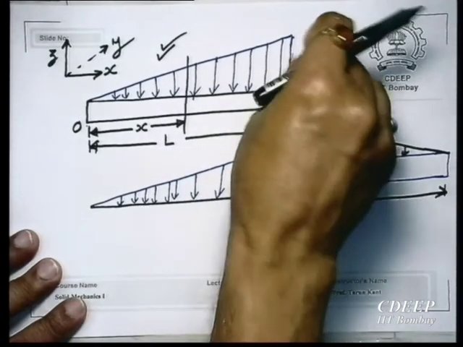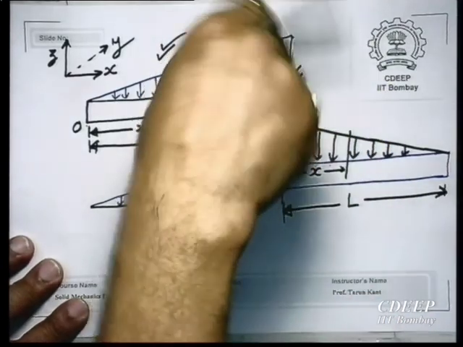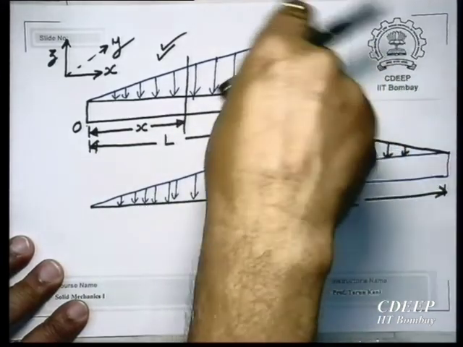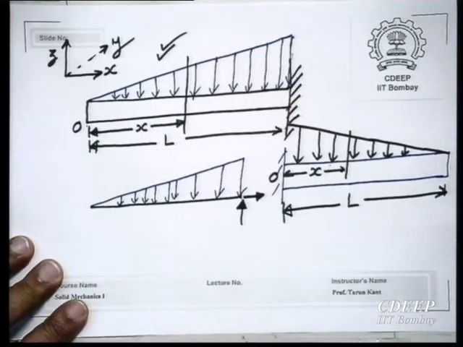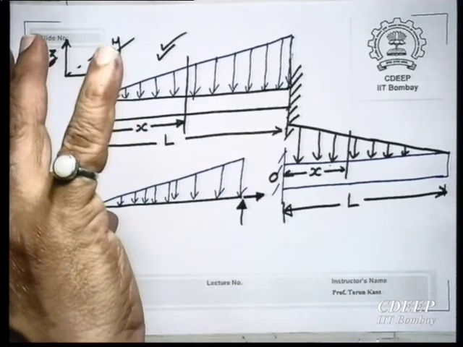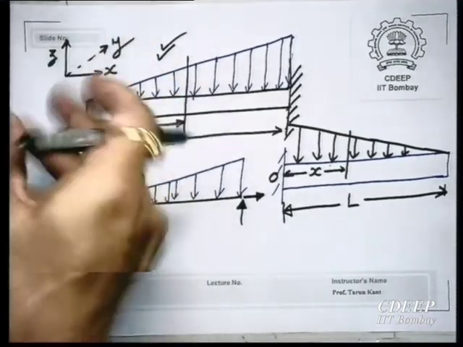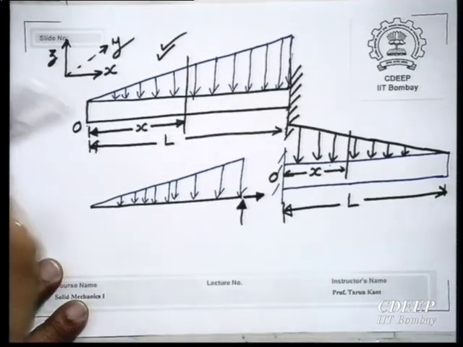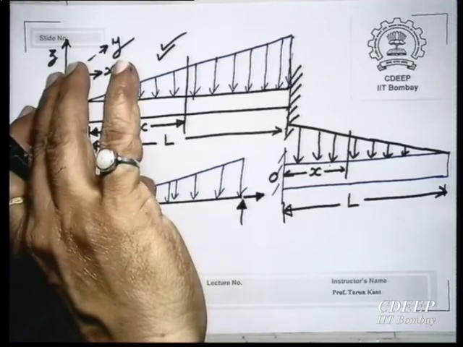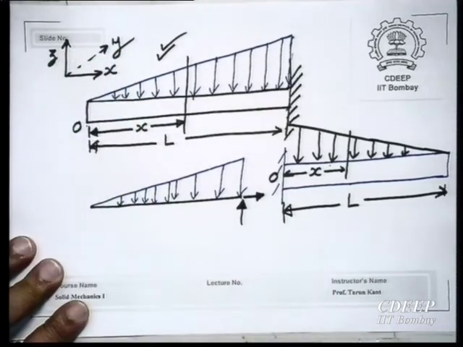Plus, this support does not allow this end to rotate. Since it does not allow rotation, that means there is some restraint. So, what is the force that will restrain rotation? It is the moment, the bending moment. Bending moment about which axis? Y axis.